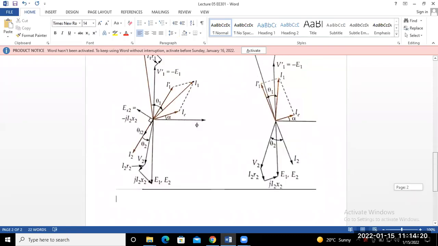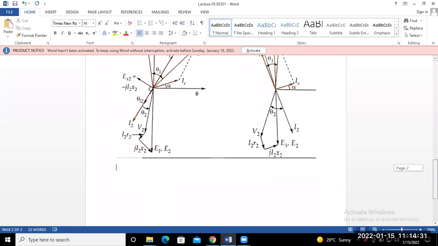Can you write the EMF equation for the secondary side and primary side from this phasor diagram? Whatever we show through the phasor diagram, we write here as a mathematical equation. So what is the secondary voltage equation? Just tell me.